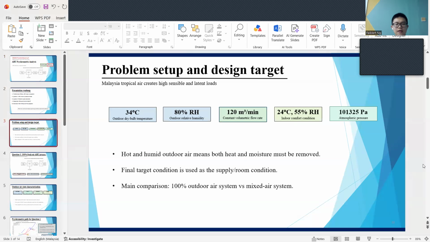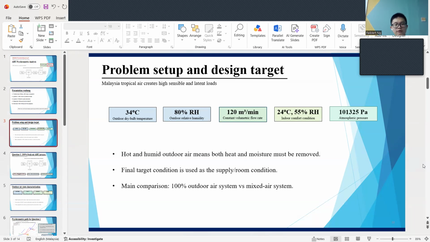For the assignment, the selected outdoor condition is 34 Celsius dry bulb temperature and 80% relative humidity. The airflow rate is fixed at 120 meters cubed per minute, and the atmospheric pressure is 101.325 kPa.